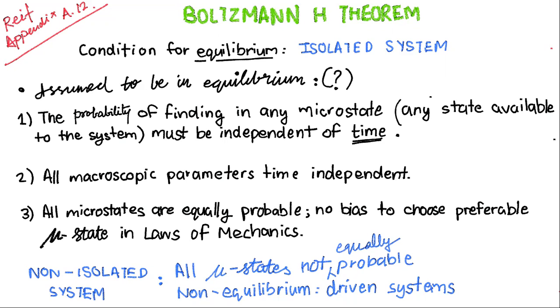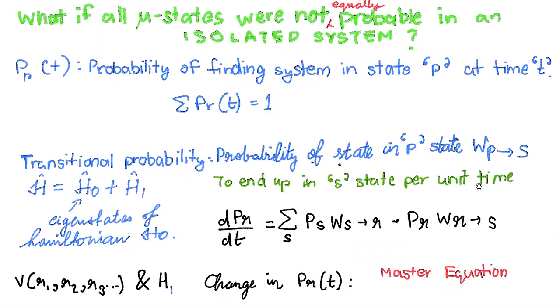And not only energy, you could put in mass constantly at one end of the system, and there will be a drift of mass from one end to the other. Those will be non-equilibrium or driven systems. But we are not going to discuss that. Just for the sake of completeness, I mentioned it.